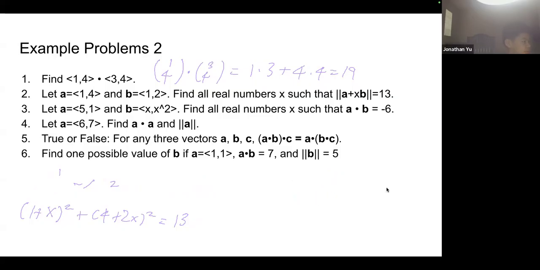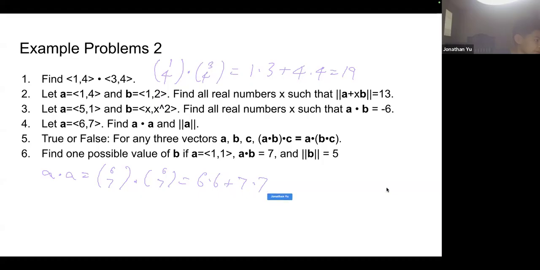Problem 3 is pretty similar. We just plug them into this formula and solve another quadratic. I don't think it's very necessary. Problem 4 is an example of the norm property. So A dot A equals (6, 7) dot (6, 7), which is equal to 6 times 6 plus 7 times 7 equals 85.